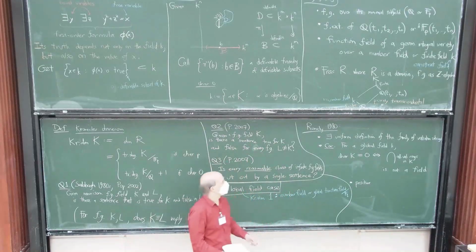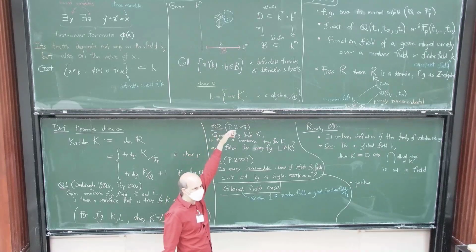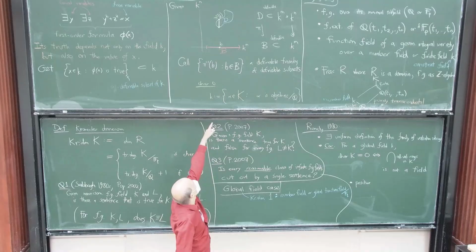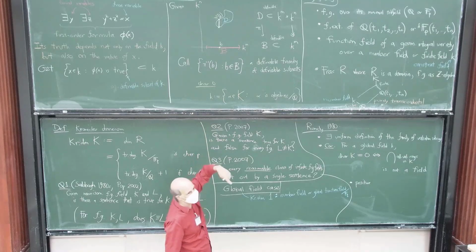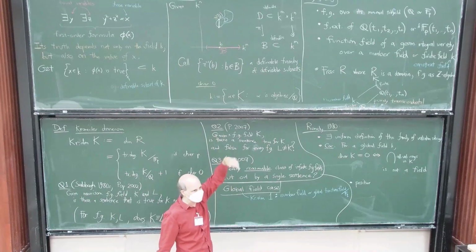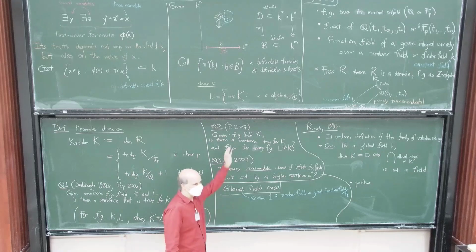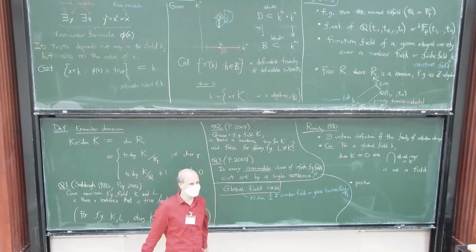You can just take the set of elements such that for every point b, there exists a D. Do you see what I mean? You can write down some formula that does that. Okay, any other questions?